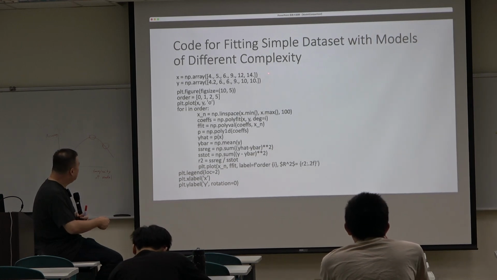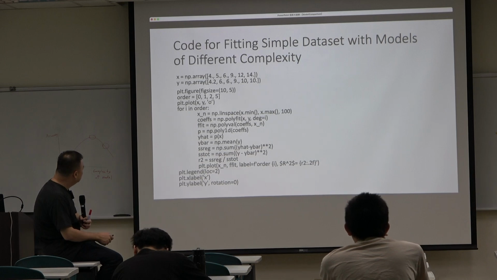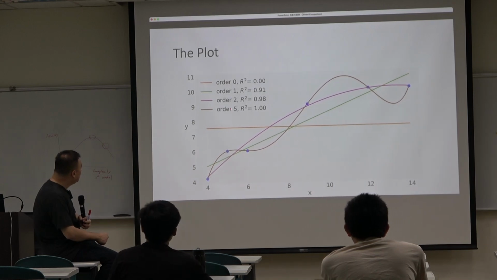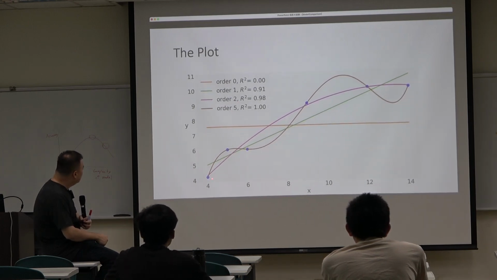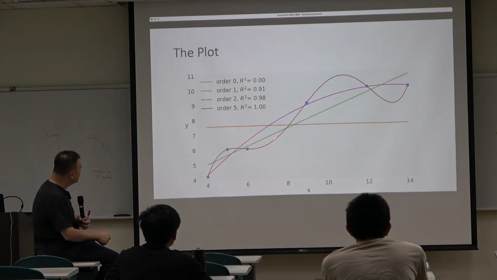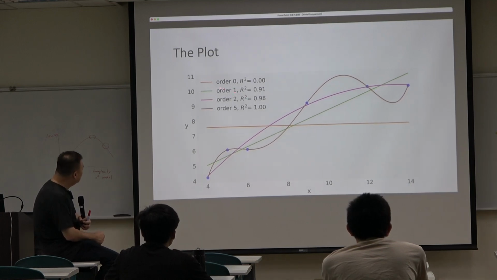And here we create 4 models. In this figure, you see this point, this point, this point, this point, this point, this point. We have these 6 points, right? And then you can see that we create 4 models.